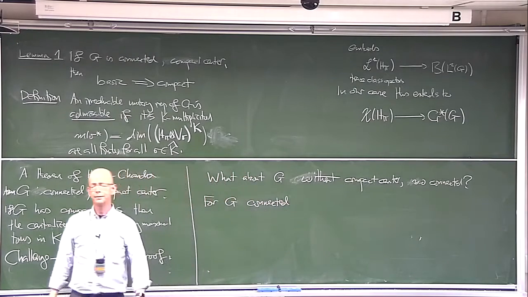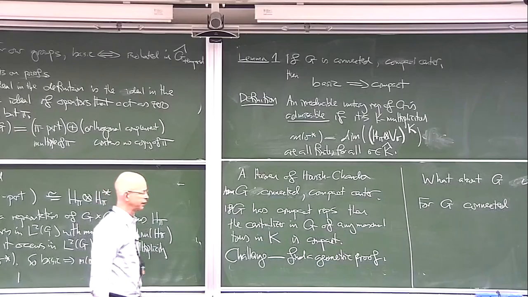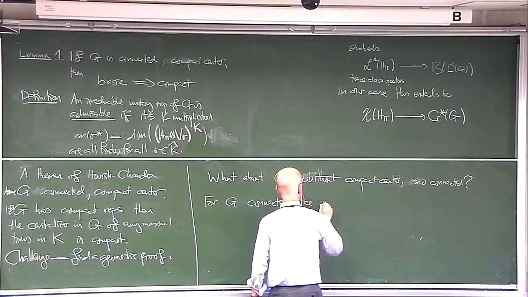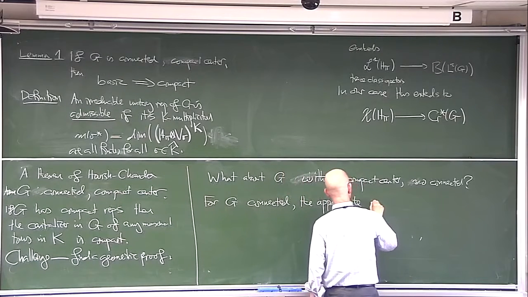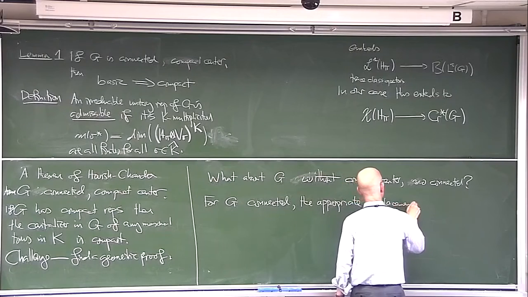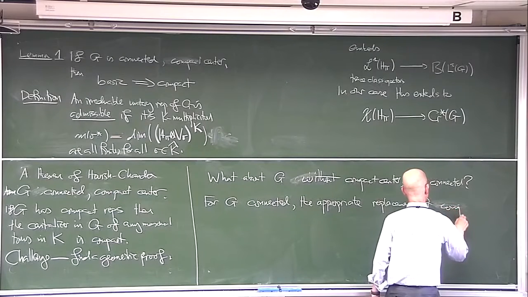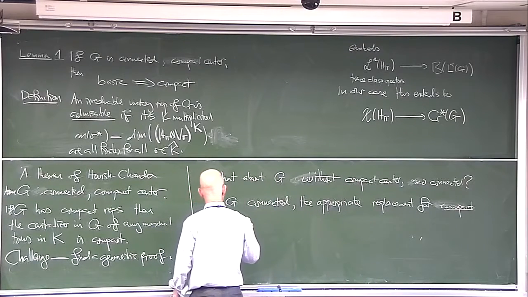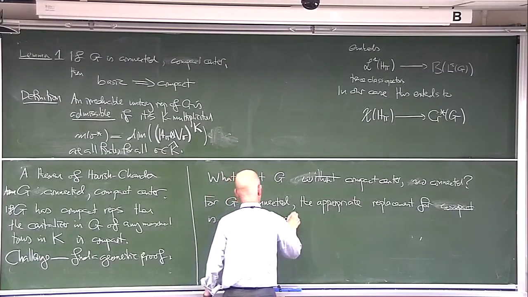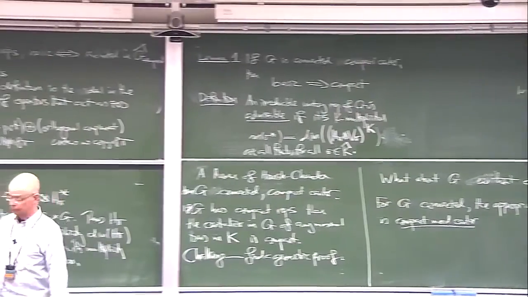If you have a group which is connected, and you want to prove a collection of theorems and lemmas and so on, like the ones I've been discussing here, then the appropriate notion, replacement, let's say, for compact is what's called compact modulo center, which is a counterpart of what people call square integrable modulo center.